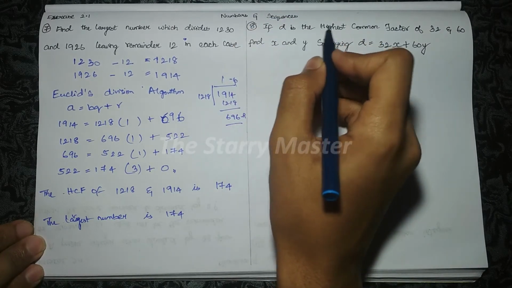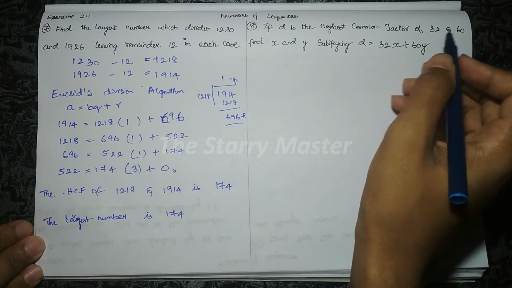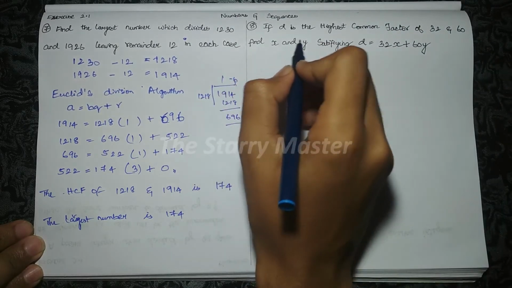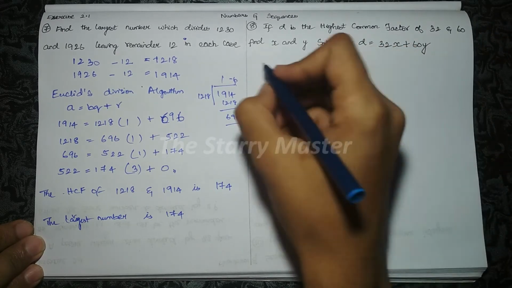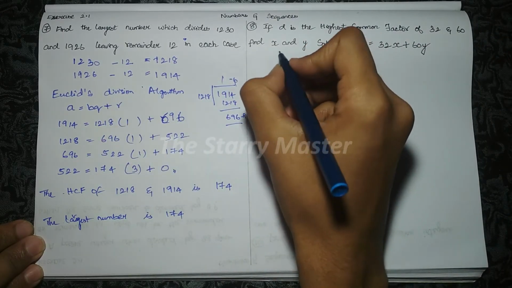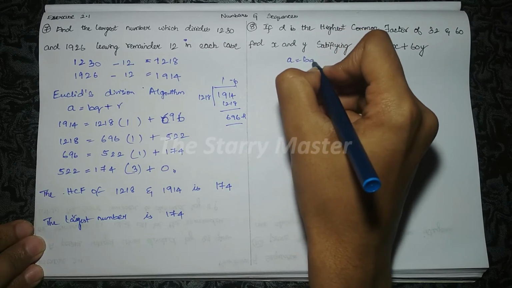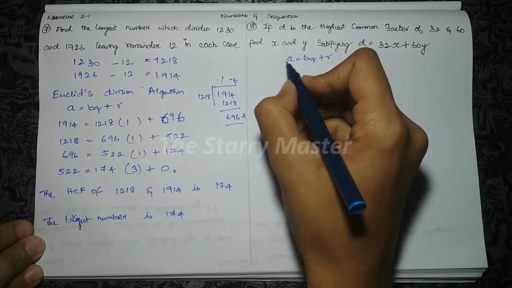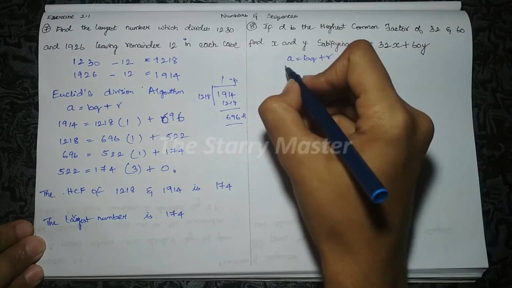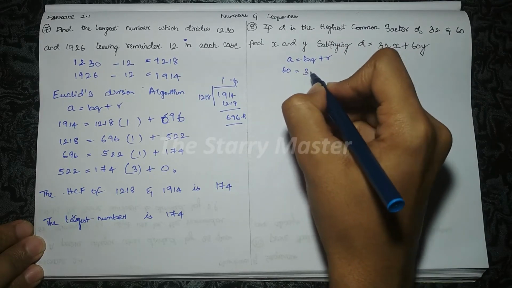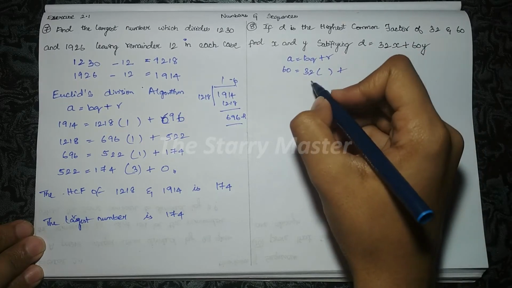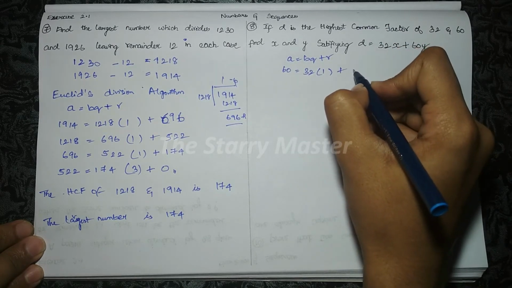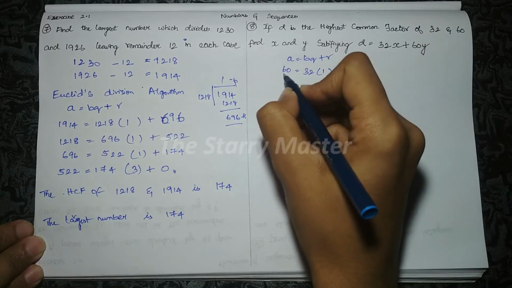Then we have the eighth problem. If d is the highest common factor of 32 and 60, find x and y satisfying this equation. First of all we take the same format, a equals bq plus r. We take the highest value as a and the lowest value as b, and find the q value and remainder. 32 ones are 32 plus 28, we get 60.